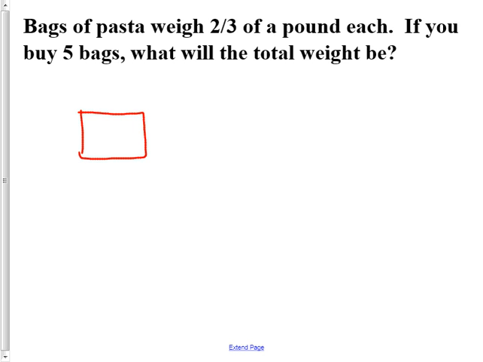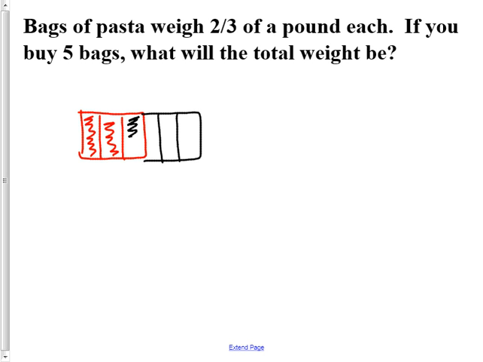here would be 1 whole, but each bag of pasta only weighs 2/3 of a pound. So my whole here represents 1 pound. Each bag of pasta only weighs 2/3 of a pound. So that's how much one bag weighs is what I'm showing you. That's what's shaded out of the whole pound. Now, if I want to get another bag of pasta, I'm going to need another section here that I'm going to split into thirds.